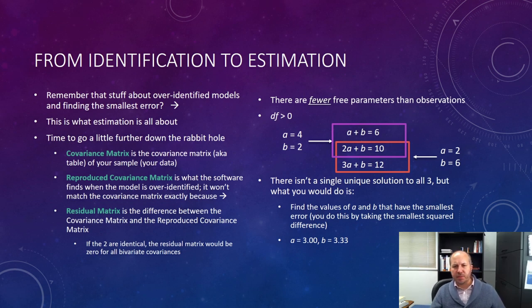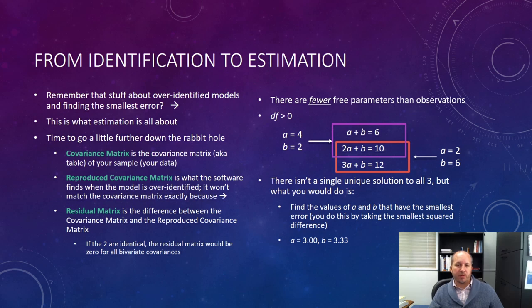So in order to understand this at a deeper level, we're going to go down the rabbit hole a little further here. We're going to talk about the covariance, reproduced covariance, and residual matrix. These are three different kinds of covariance matrices that get developed when we are doing a structural equation model. The covariance matrix is just the simple covariance matrix of your sample.